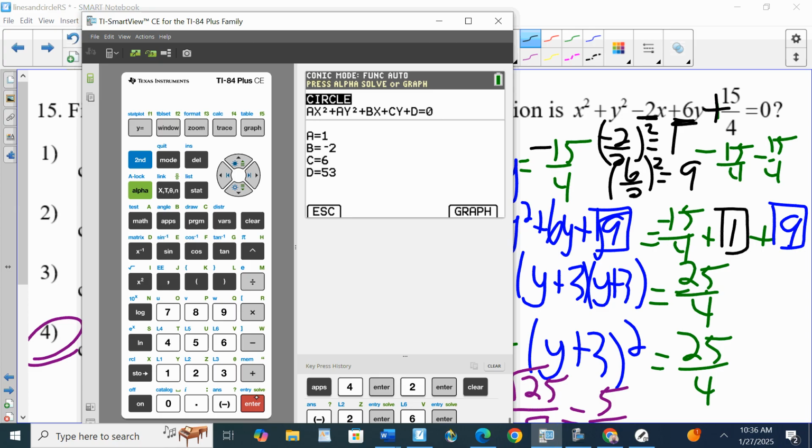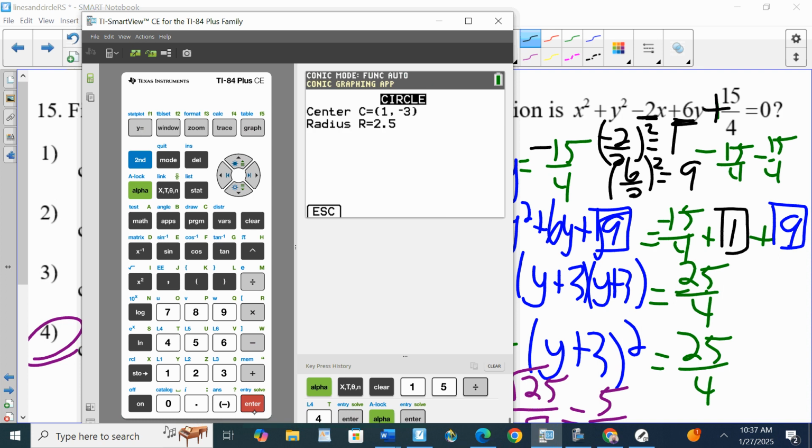So I need it to be equal to 0. In this case, the original problem was equal to 0. So D is 15 over 4. You may need to move that value over.